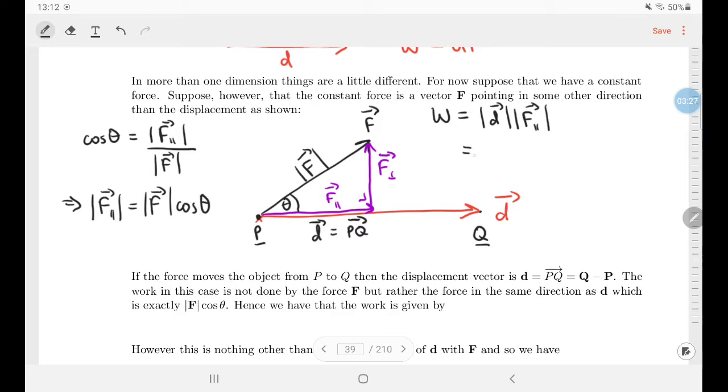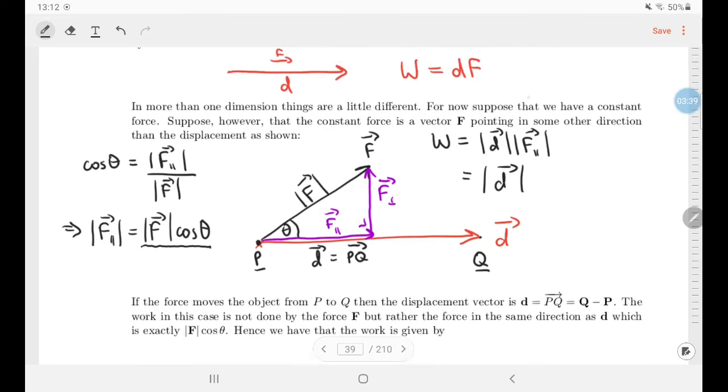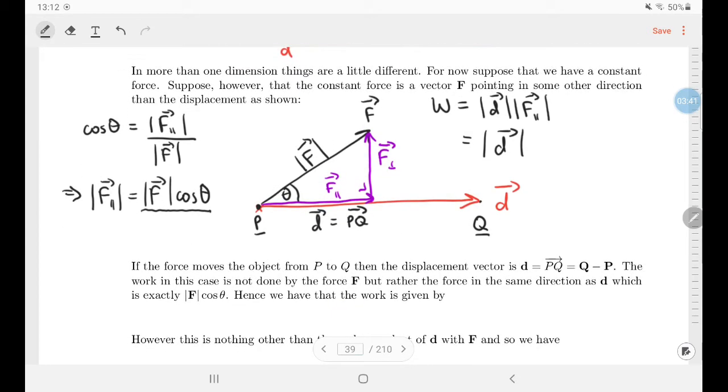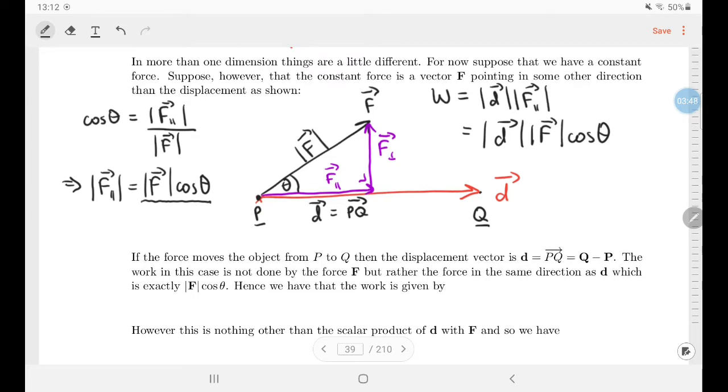So this is just one-dimensional work, distance by force, but if we work with it a bit more, we see that the magnitude of the parallel part of the force is the magnitude of F times the cos of the angle in between. And we've seen this formula before.